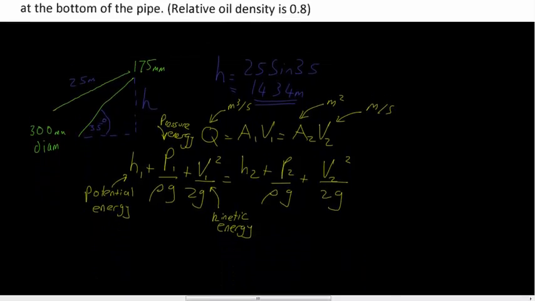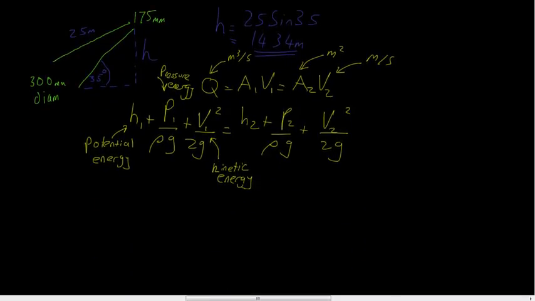Okay, so with that basic, now let's pick some numbers out of the question. So we already have our value of h. In this case our oil is going in at this end, coming out. So we're going to use the bottom as our datum, so h1 is going to be 0.